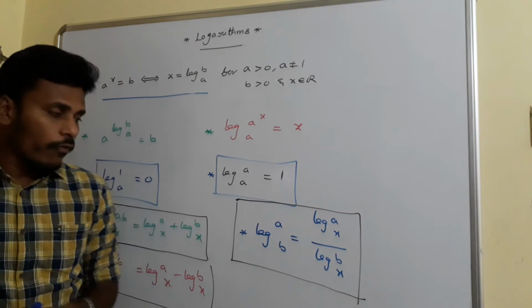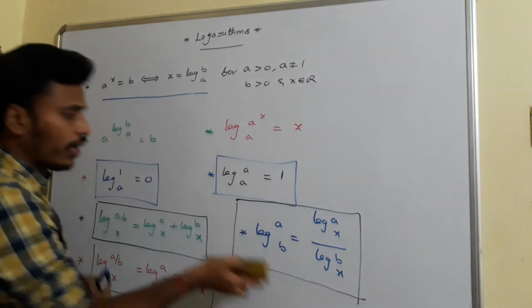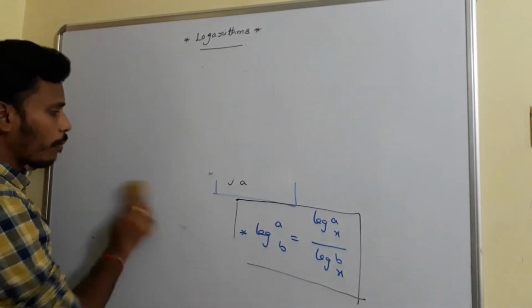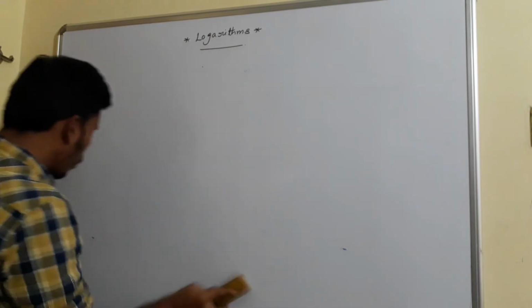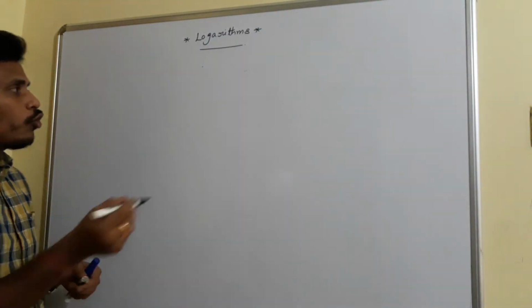I am continuing from this law: the logarithm of a base b is equal to log a base x by log b base x. As I told you, that x is not mandatory, you may take any value in the place of x.